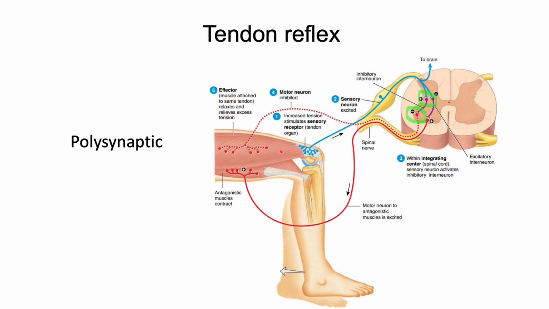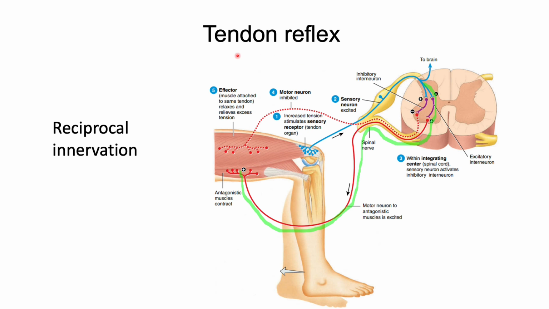You can also note here that this reflex is polysynaptic because the first synapse is between the sensory neuron and the interneuron, whereas the second one is synapsing on the anterior motor neuron. And it is an ipsilateral reflex.